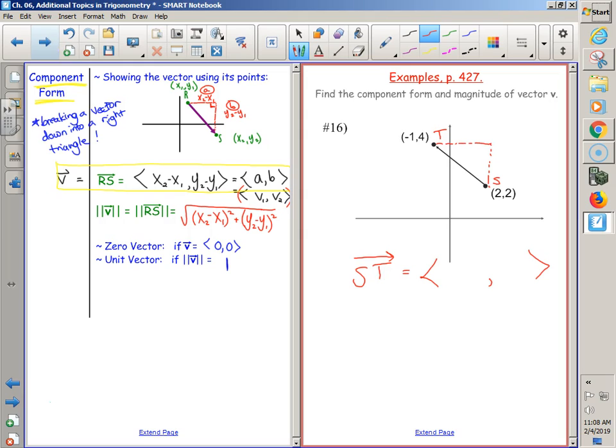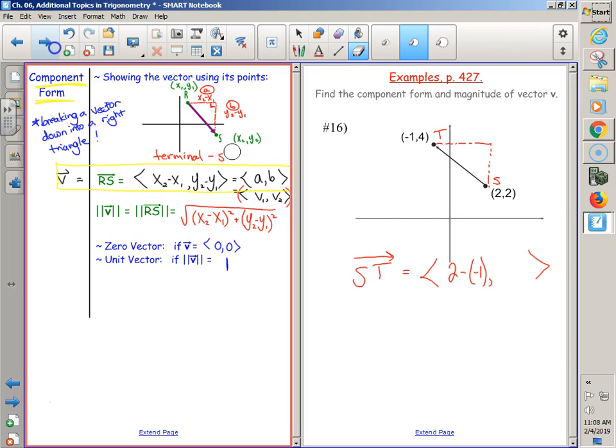The first one we need is the x2 minus the x1. Wait a minute. Did I do it in the right order? You guys might need to write yourself some little note that you need to do the terminal point minus the initial. Who's the terminal point? Is it S or is it T? T. There you go.